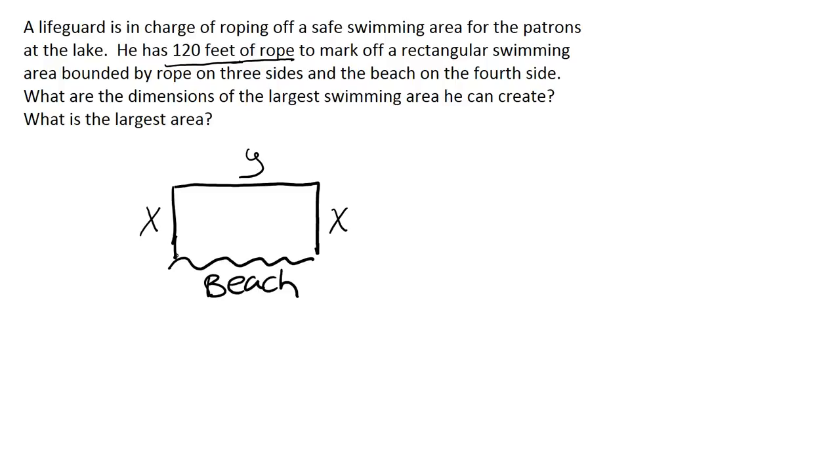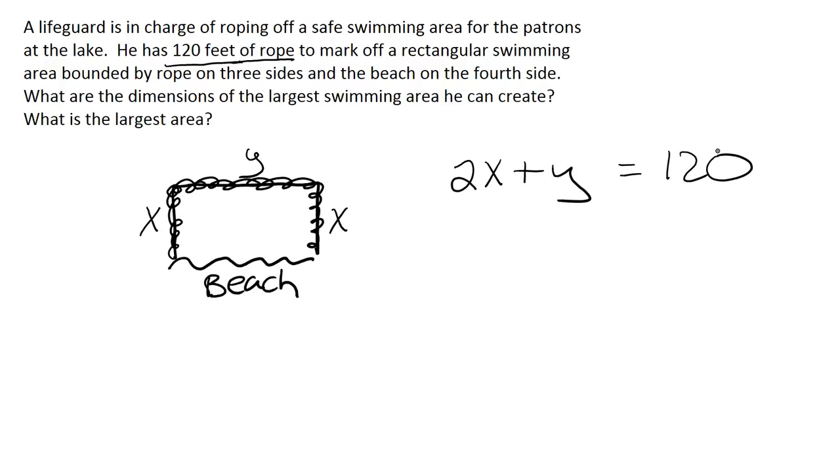Well, that rope is the X, the Y, and the other X there. So what I know is then the 2 X's plus the Y is going to equal 120 feet of rope.